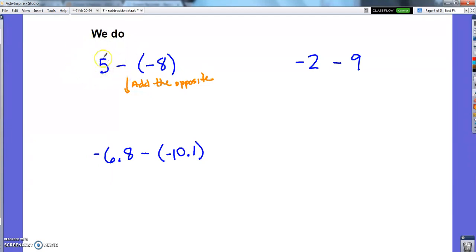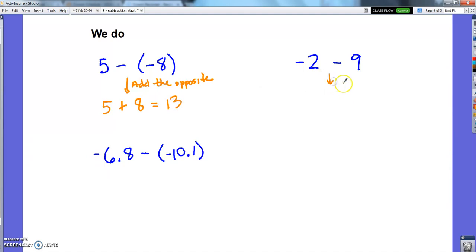Now don't make a mistake with your first number. That's a big mistake you can make. First number stays. I'm adding the opposite on the second number. First number stays just as it was. So I'm going to do 5, and instead of minus -8, I'm going to add the opposite, and that's super easy. Nice.